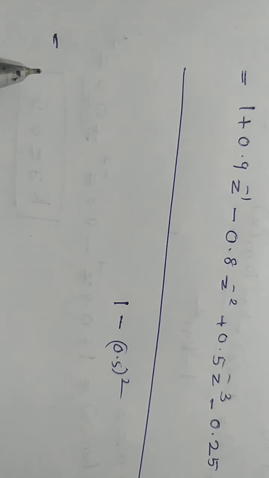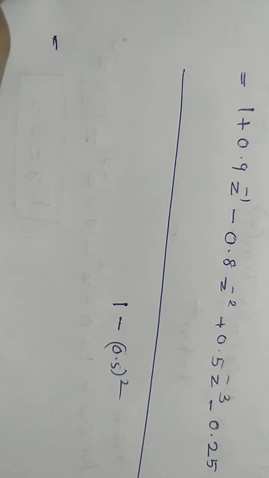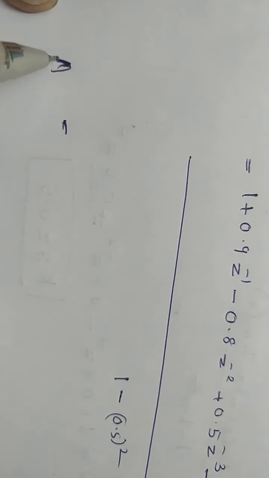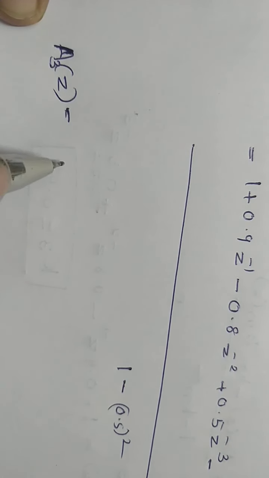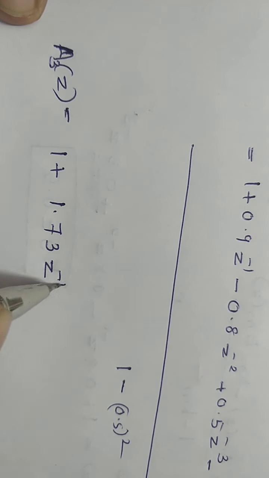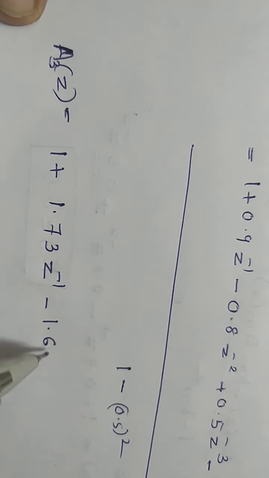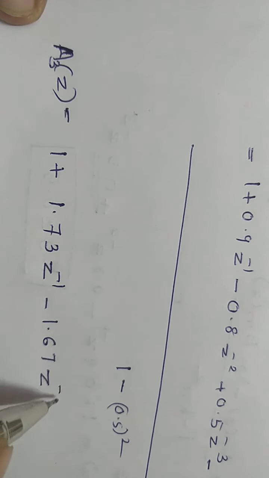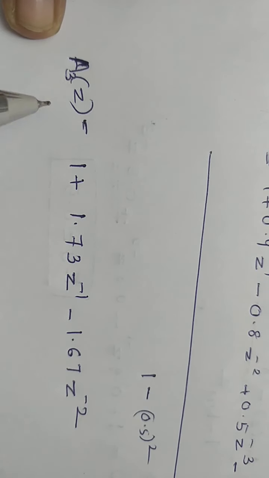We will be getting a2 of z equal to 1 plus 1.73 z raised to minus 1 minus 1.67 z raised to minus 2. This is the equation we got for a2 of z.